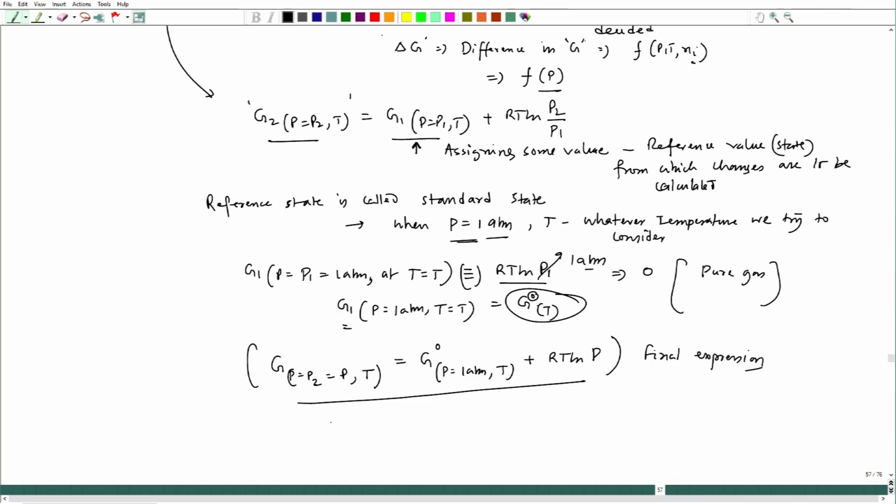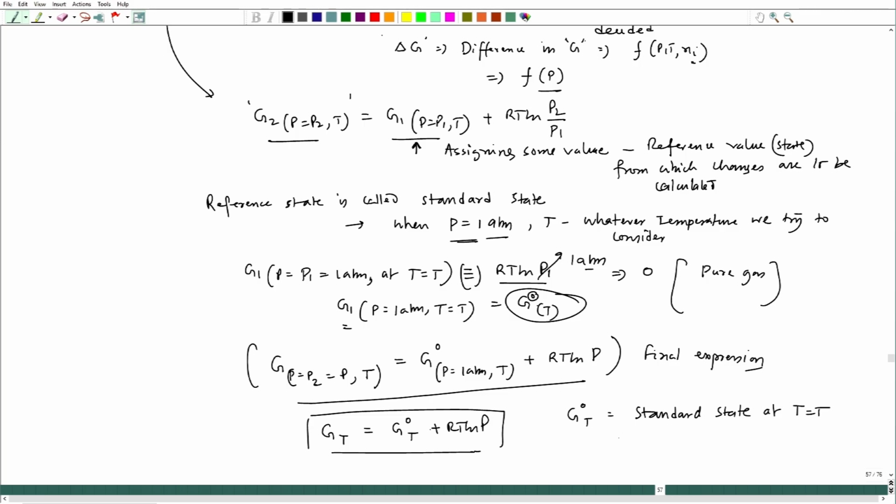So, now instead of writing P2 and all those complications, I can simply write G at T equal to G naught at T plus RT ln P. I can write this, where G naught at T is the standard state at temperature equal to T, and here remember this is for pure gas.